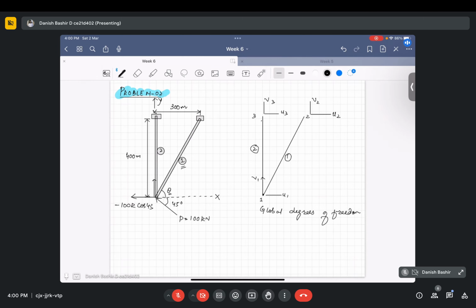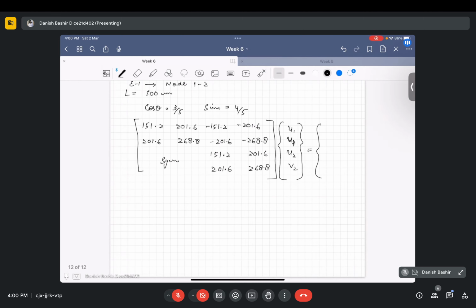Another will be sin 45. So this will be minus 100 times 10 to the power 3 cos 45. Let's not write kilonewton, we will use newton. Its y component will be 100 sin 45. Okay, this will be 0, this will be 0.